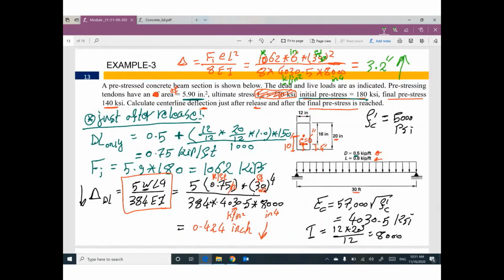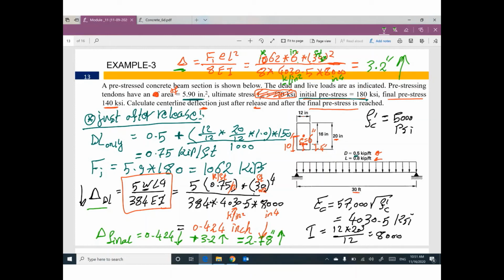Okay, the problem did not ask to calculate deflection due to dead load alone and deflection due to pre-stressing alone. We need delta final. So 0.424 down plus 3.2 up. I believe the final deflection will be 2.78 inch up.